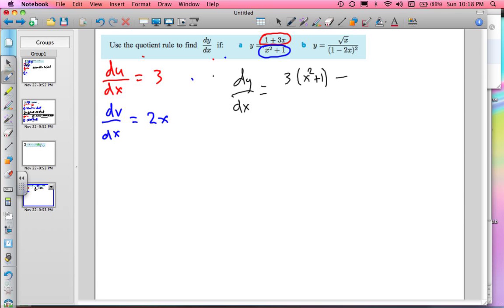You do a minus instead of a plus, times the original numerator function, which is 1 plus 3x, times the derivative of the denominator function, which is just 2x. And that's all over the square of the denominator function. So you just take the denominator again, throw parentheses around it, and square it. Now you have done the quotient rule. That's it. Okay? So now let's draw a line and do B.